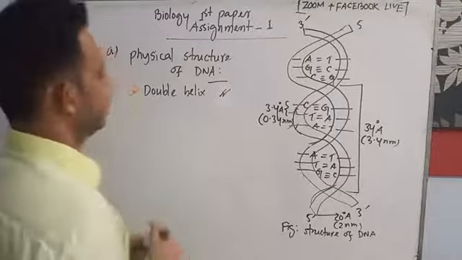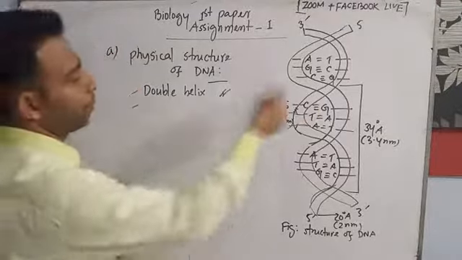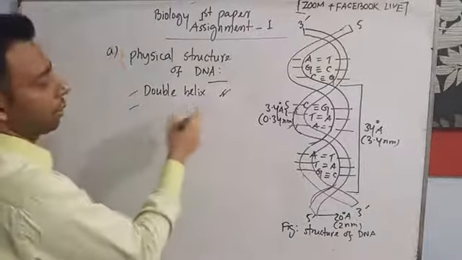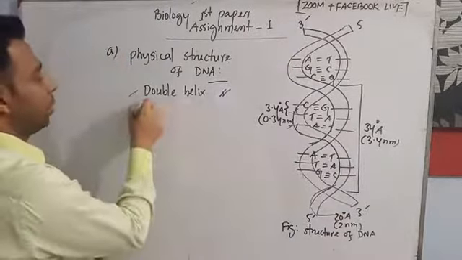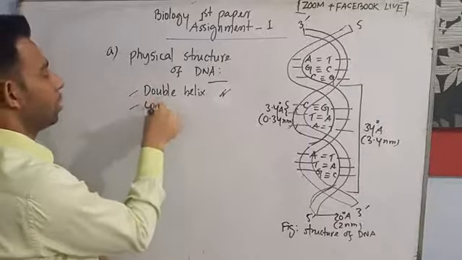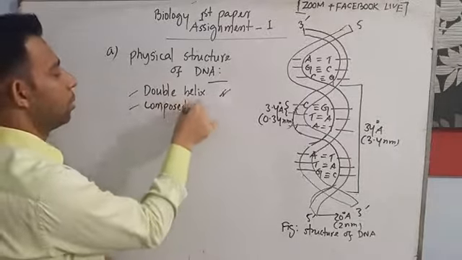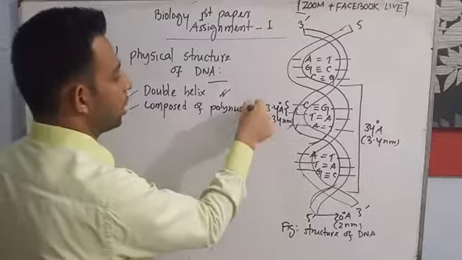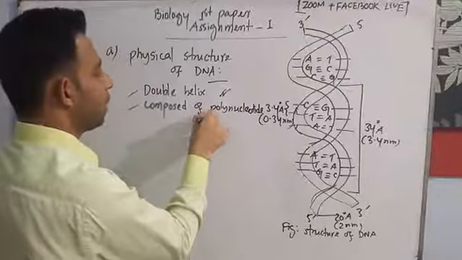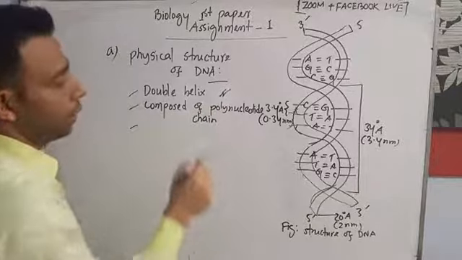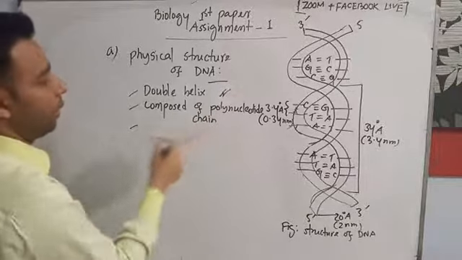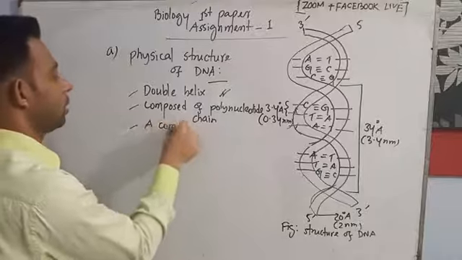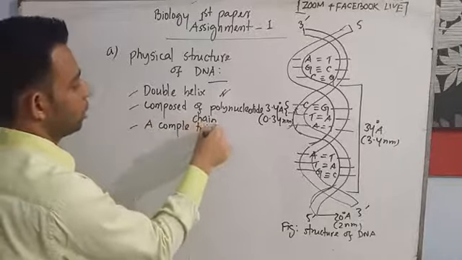Then, the DNA's complete twist. We know that it is a polynucleotide chain, composed of many nucleotides. In between them we can see a complete twist, which is almost 34 angstrom. Many students don't know what a complete twist is.